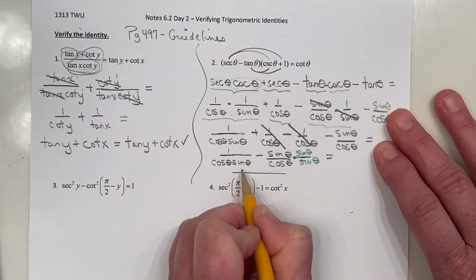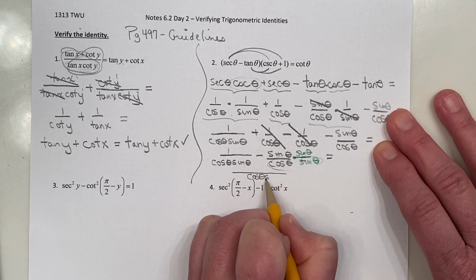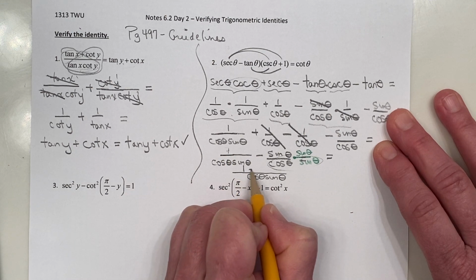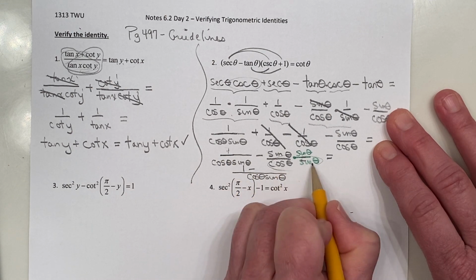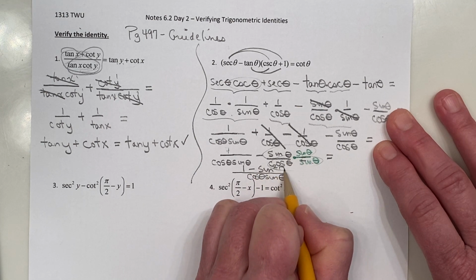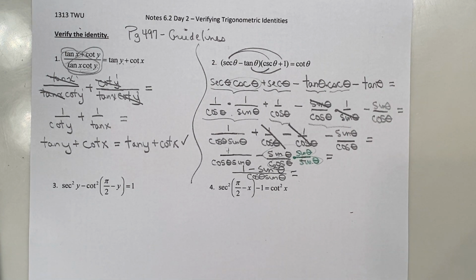Because I'm running out of room, I'm going to write down the common denominator I'm going to get, cosine theta times sine theta. So I have the 1 that comes down, minus. Now over here, when I create that common denominator and multiply the numerators, I'm going to get sine squared theta. And there's an equals here.